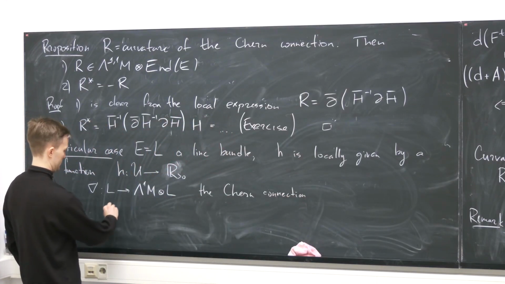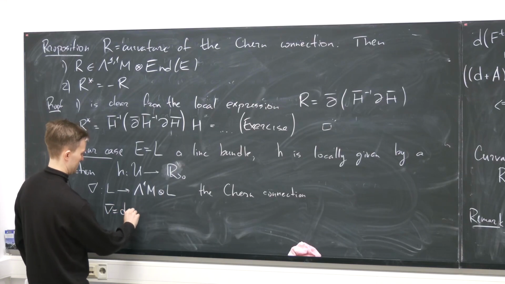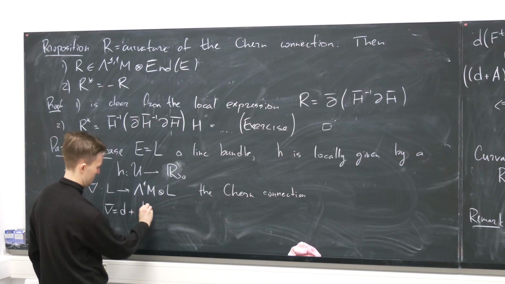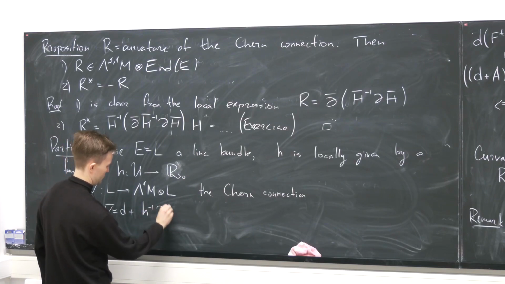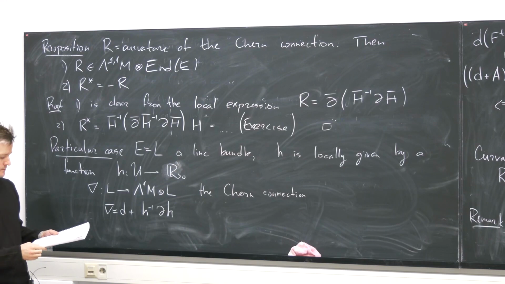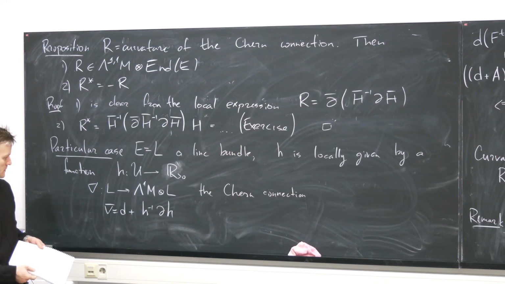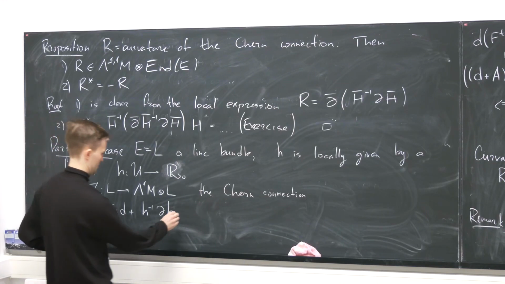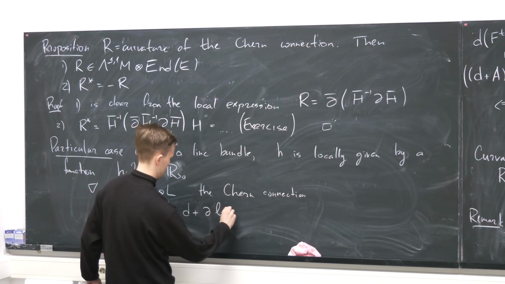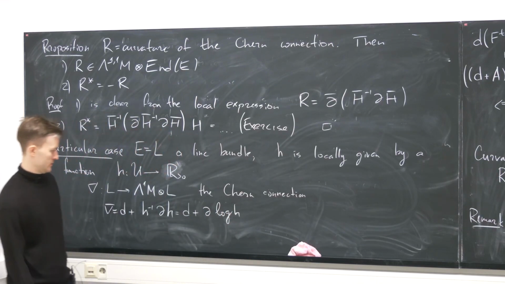Locally it is of the form del plus A, where this A was given by the following: H inverse del H. Or you may write this as d plus del of the logarithm of H.